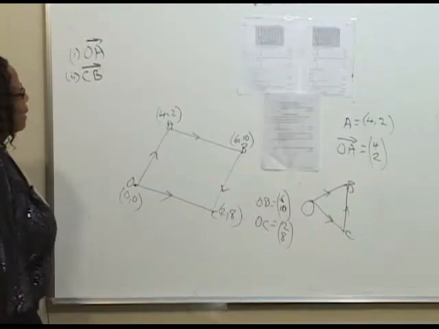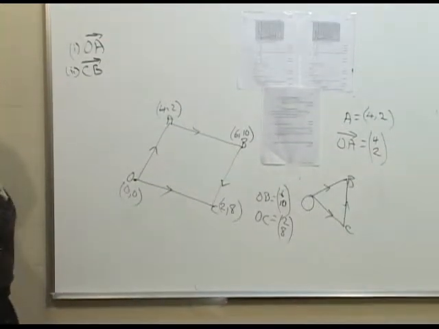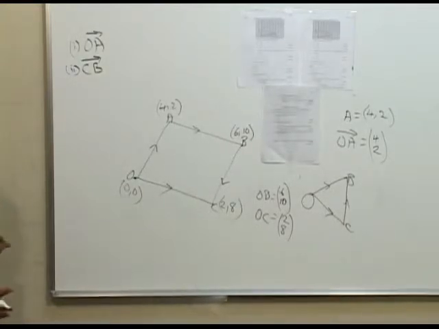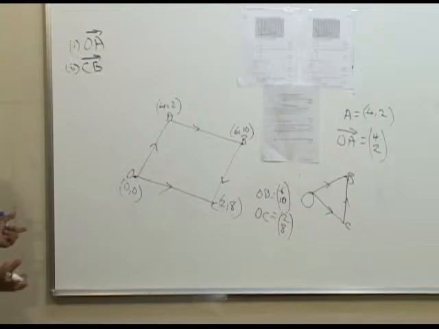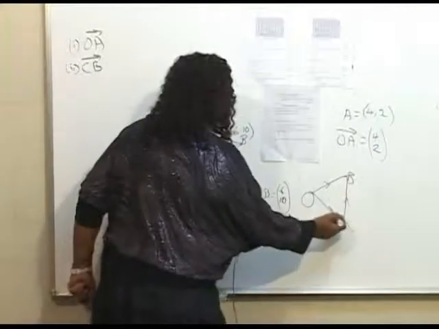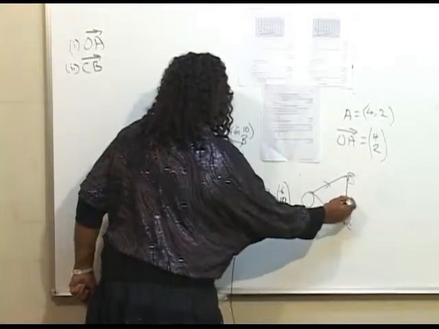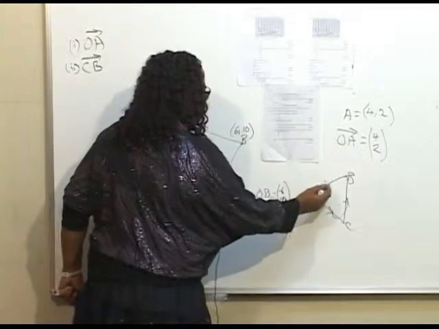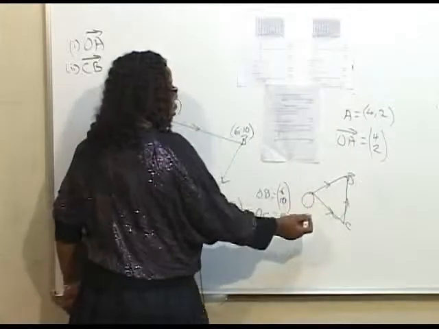When we sketch that little diagram, we're looking to see, so what is CB? And again, it is a side of a triangle. The arrows are going, this is one of the partners to this particular arrow. And in this case, it would have been OB, which is the resultant.